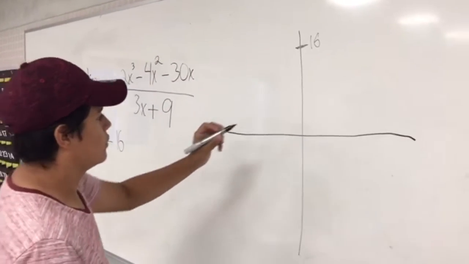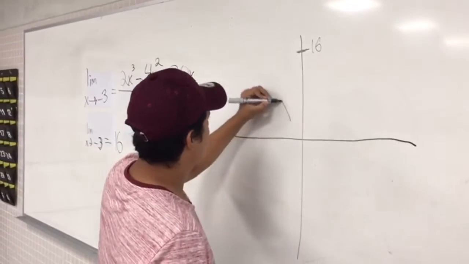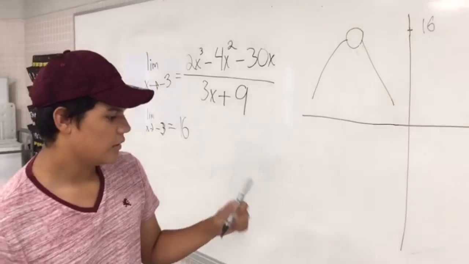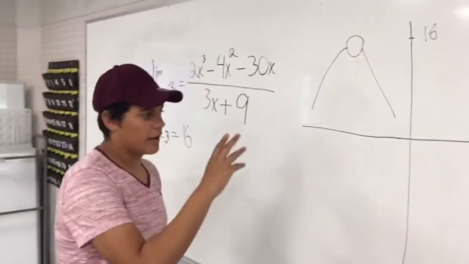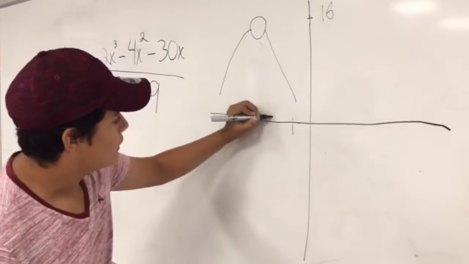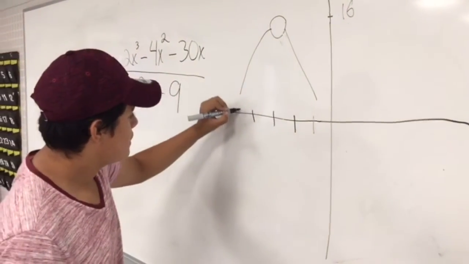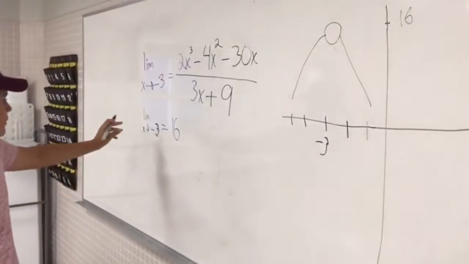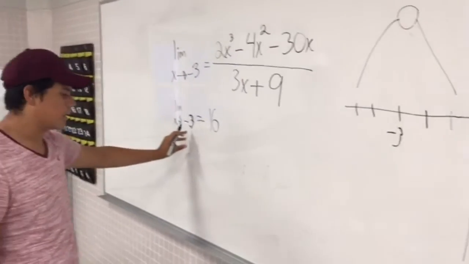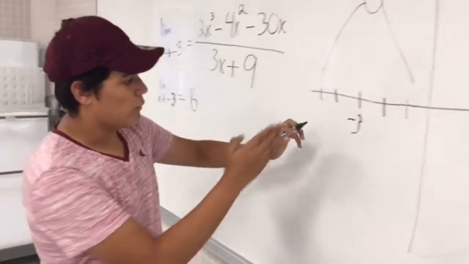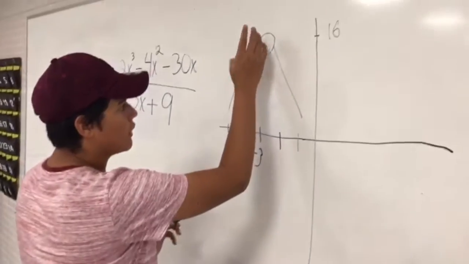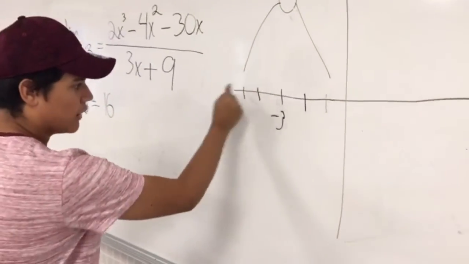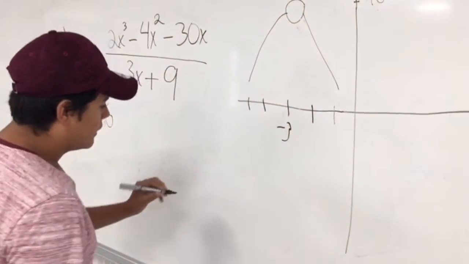We do the graph. After this, we plug the x values. We have -3 here. And what we do, we have the limit when x tends to -3. So when we align it, we get a hole here. So we move a little bit to the left and a little bit to the right.